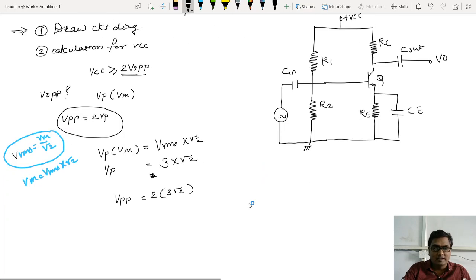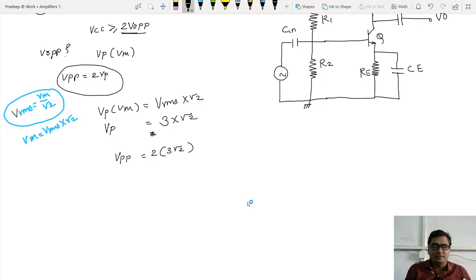So let me calculate V peak to peak directly: 2 multiplied by 3 root 2 is equal to 8.48. So this is my V peak to peak.